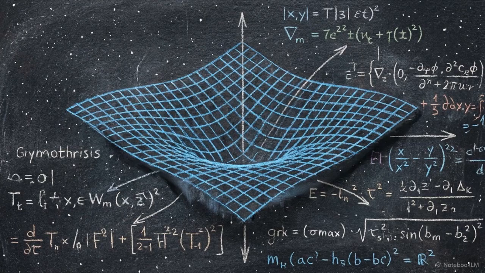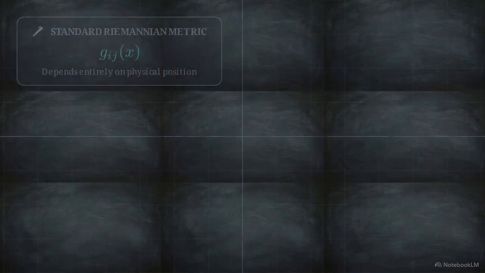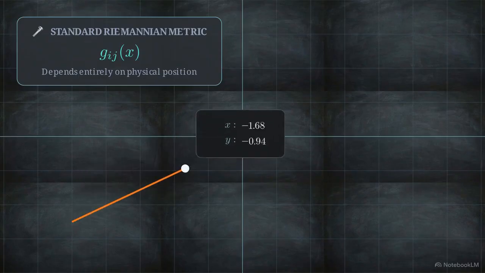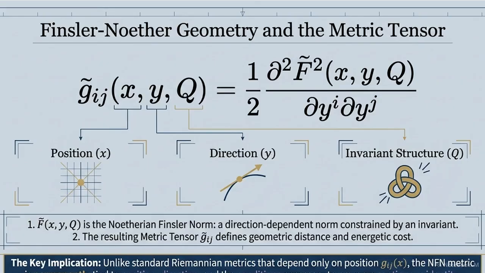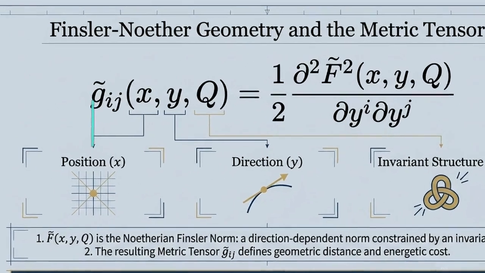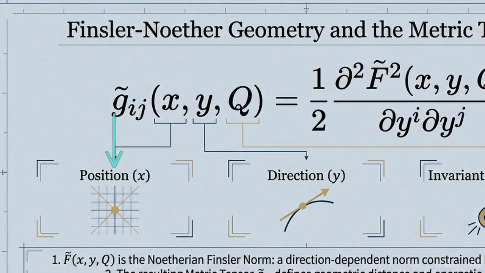So how do these closure coordinates actually measure physical space? Standard Riemannian geometry maps space using a metric that depends entirely on physical position. Mapping direction and identity simultaneously requires the mathematical leap shown in this metric tensor equation. Beneath the tensor, the standard position variable, x, is paired with a direction variable, y, providing Finsler's directional dependence.